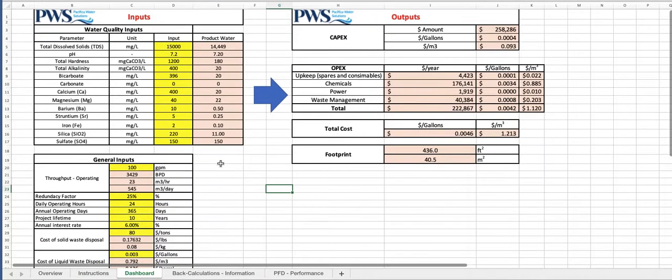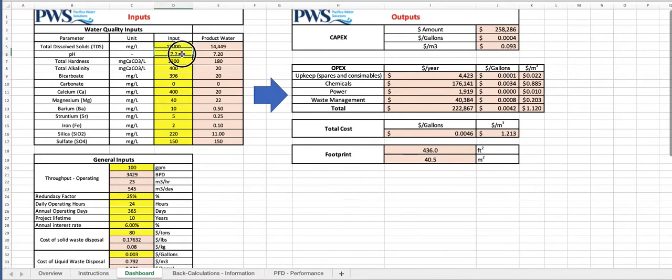In the dashboard section, again, whatever you see in yellow is an input, and whatever cell you see in pink is an output. Basically, you would input your water quality, which are parameters that are important to chemical softening: total hardness, alkalinity, bicarbonate, carbonate, metallic hardness values like calcium, magnesium, barium, strontium, and iron, silica, and sulfate.